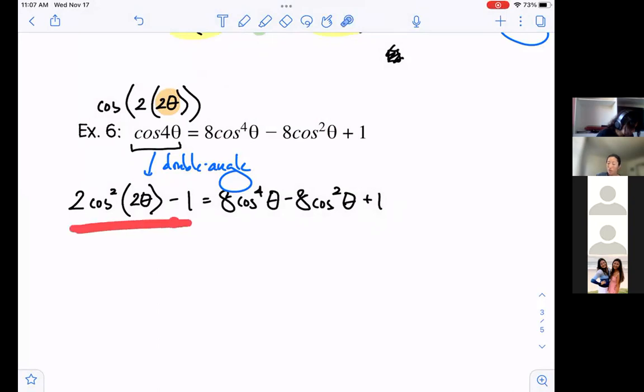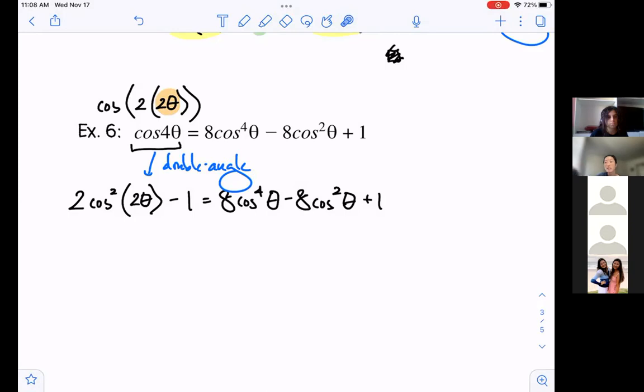Why did I choose this version of the cosine double identity? Like, how come I didn't use cosine squared minus sine squared? Or how come I didn't use 1 minus 2 sine squared? Why did I choose this one? Exactly.